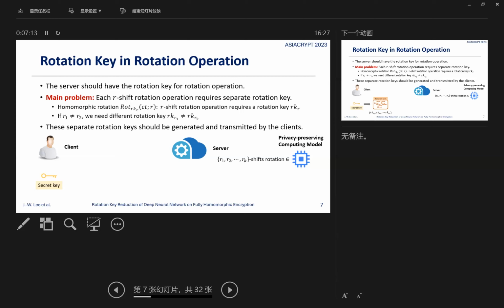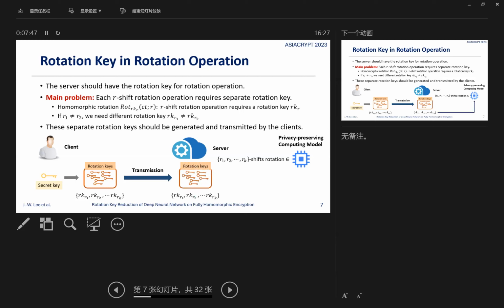So let's see the diagram. The server has the computing model, and this computing model has some rotation operations, R1 through RK shift rotations. But each rotation operation requires a rotation key. So the client has to generate all the corresponding rotation keys, and then they have to be transmitted.